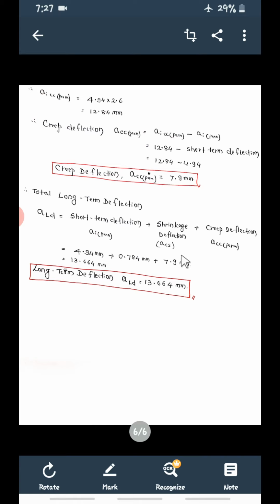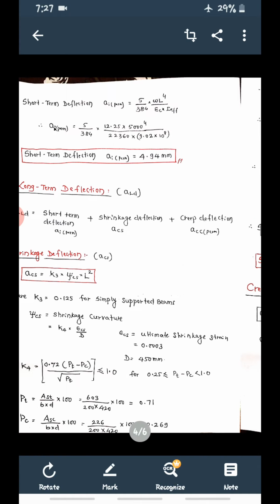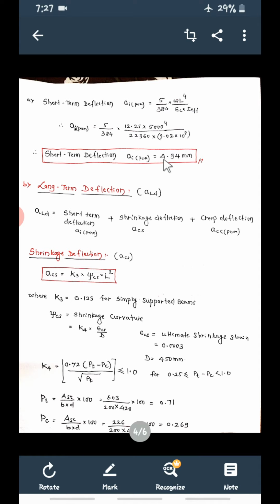Adding these three, the total long term deflection ΔLD is 13.664 mm. So because of this long term deflection, the beam will deflect 13.664 mm.